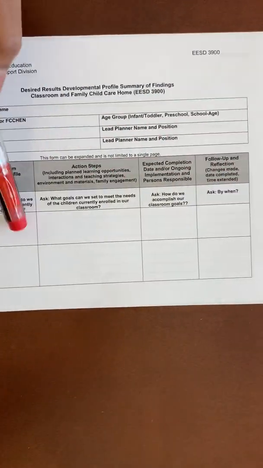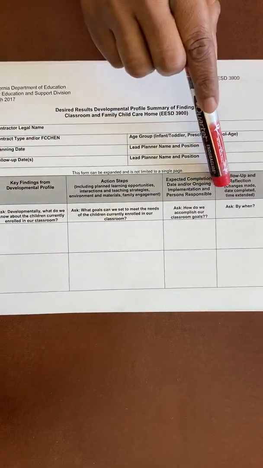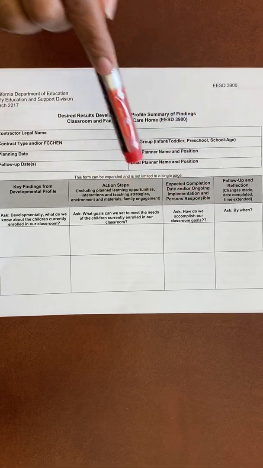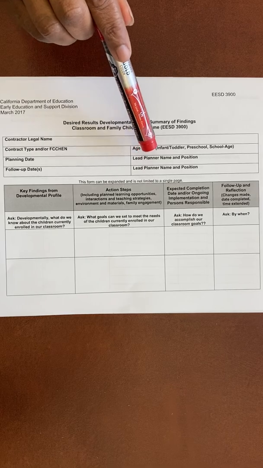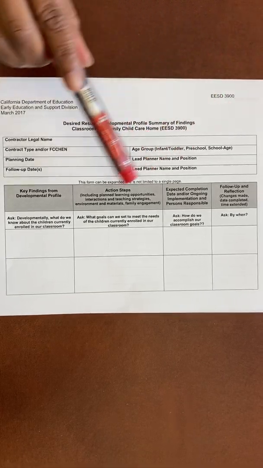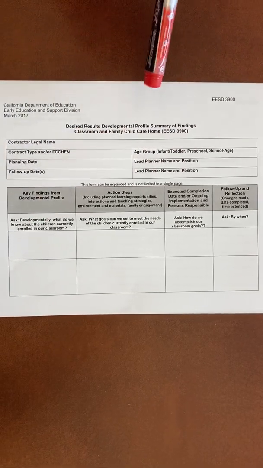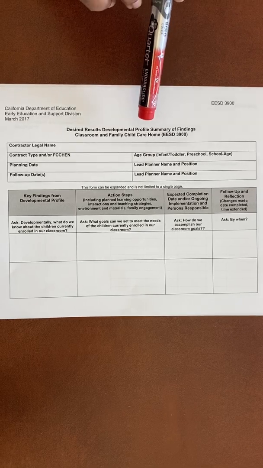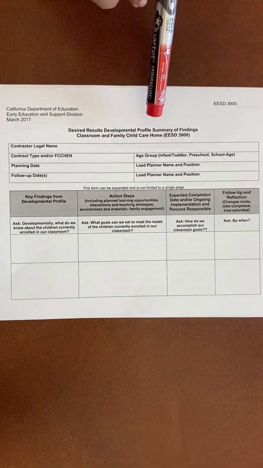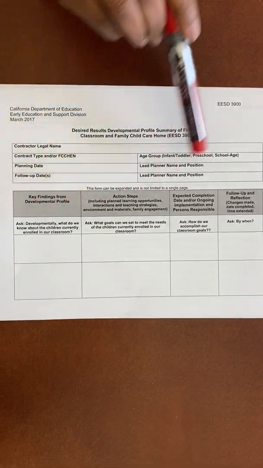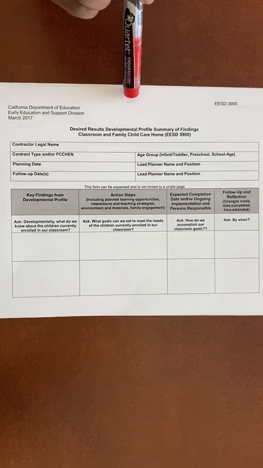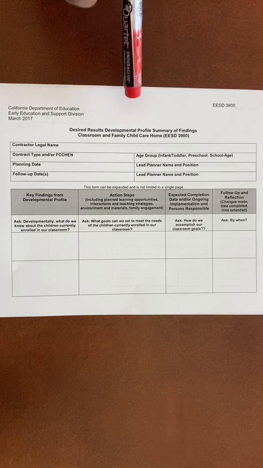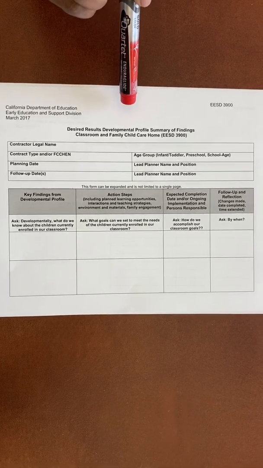So all of this should be done in the classroom, then turned into the site supervisor so that you all can compile them and look at what the trends are across your site. If you are looking at infant toddler and you have 3 infant toddler classrooms, then you look at what is the site on a whole going to focus on based on the summary of findings that were turned in by the classroom staff.